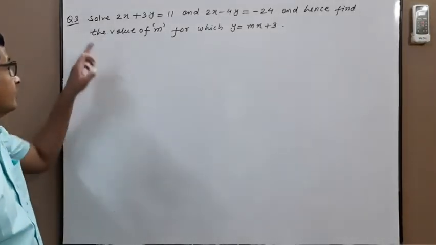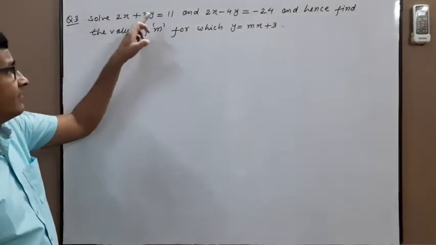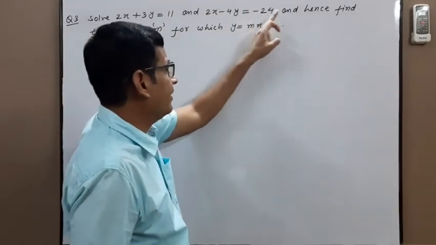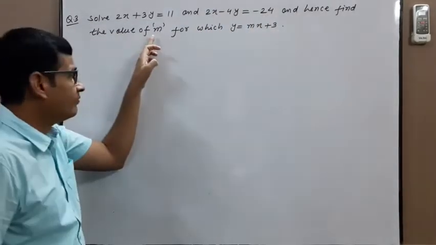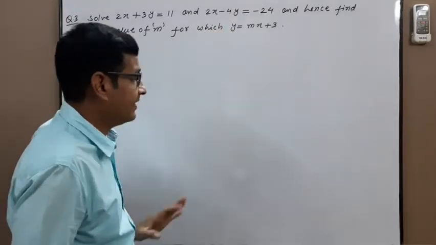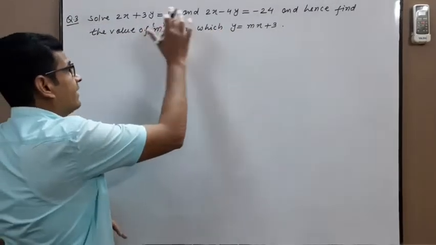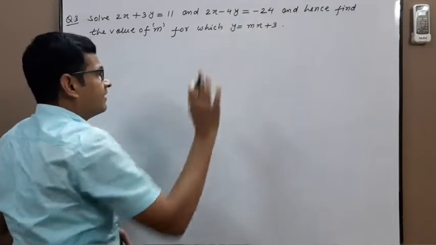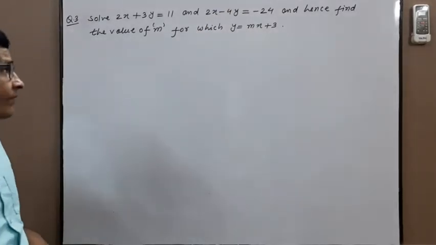Next problem. Solve 2x plus 3y equal to 11 and 2x minus 4y equal to minus 24 and hence find the value of m for which y equal to mx plus 3. So first we have to find the value of x and y from these two equations and substitute these values in this equation. So we get the value of m.